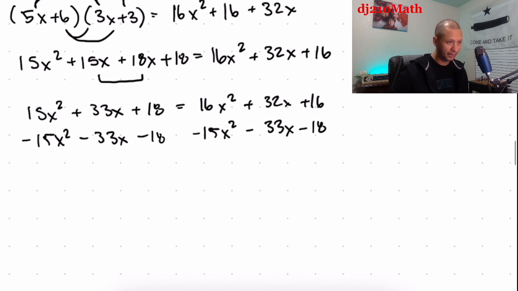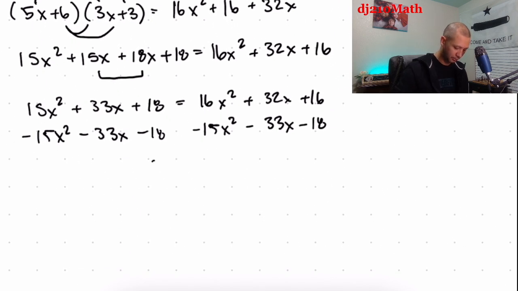All right, left-hand side, this is all 0. That's nice. Right-hand side, 16 minus 15 is 1. 32 minus 33 is negative 1. And then 16 minus 18 is negative 2. Okay. We have a quadratic equal to 0.